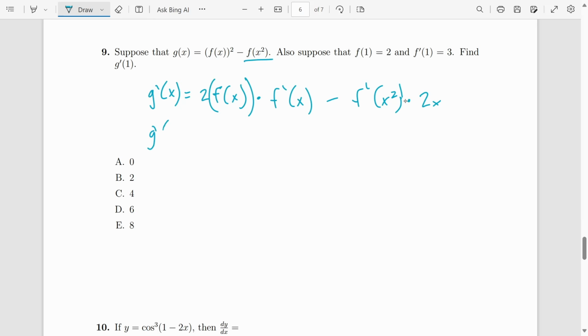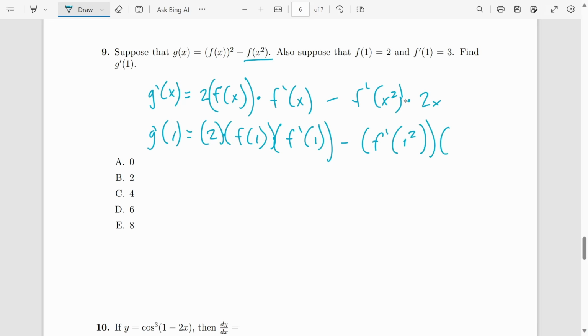Now doing g prime of 1, plugging in 1 for all these x's, we get 2 times f of 1 times, let me make these all parentheses, that's clearer, times f prime of 1 minus f prime of 1 squared, which is just 1, times 2 times 1.